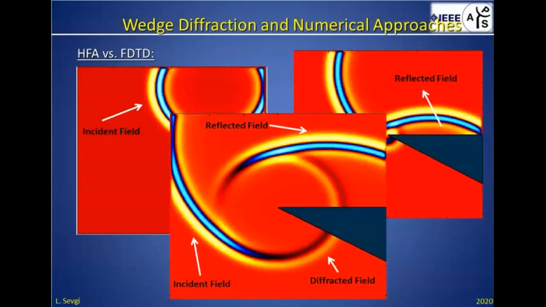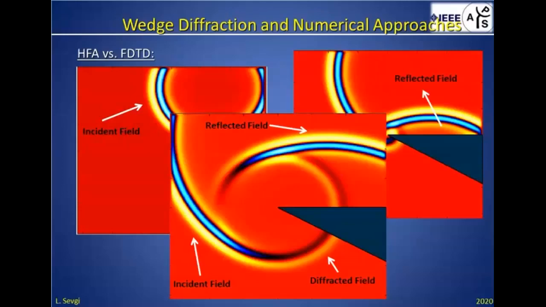So you see the incident field, diffracted field, and reflected field. These are pulses in the time domain. So we send a short pulse to the wedge and record transient effects in the time domain.